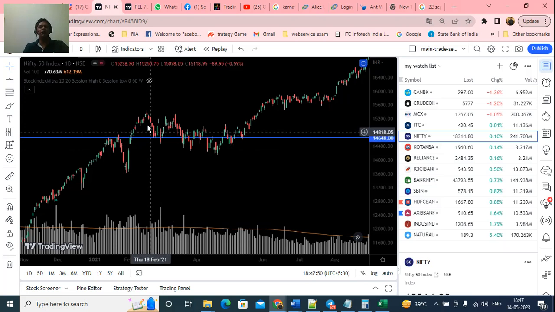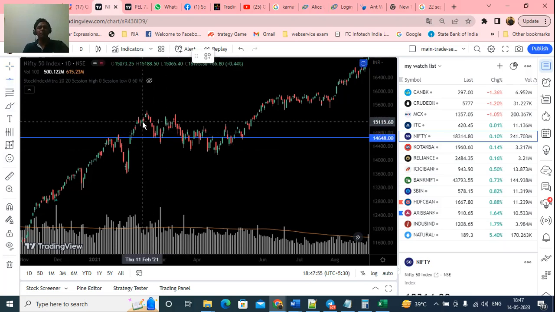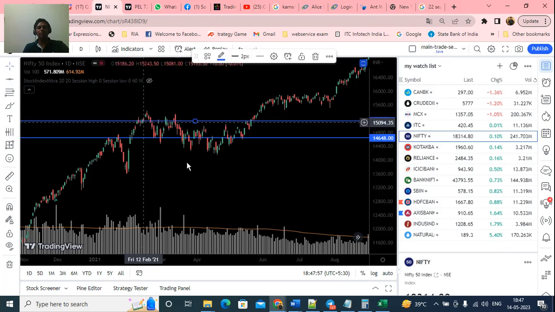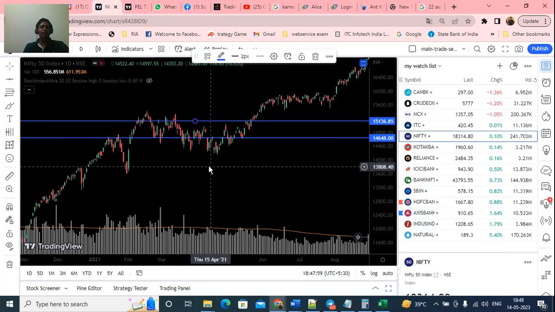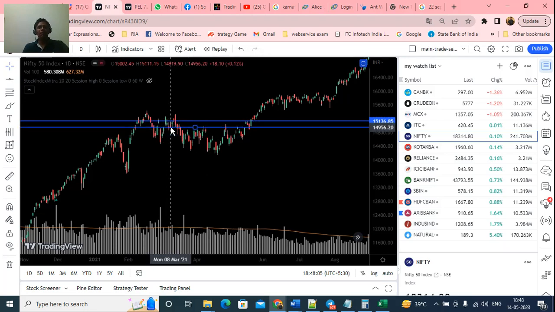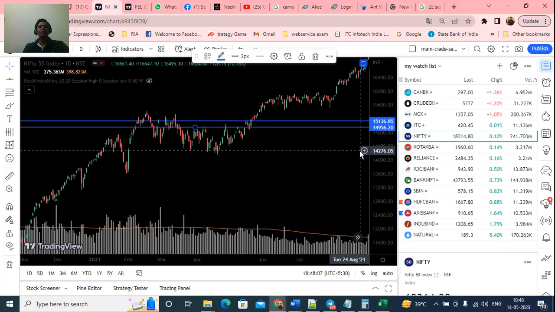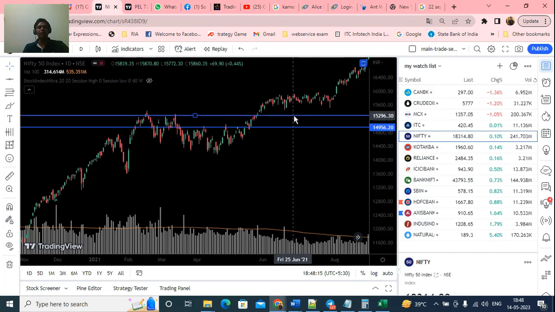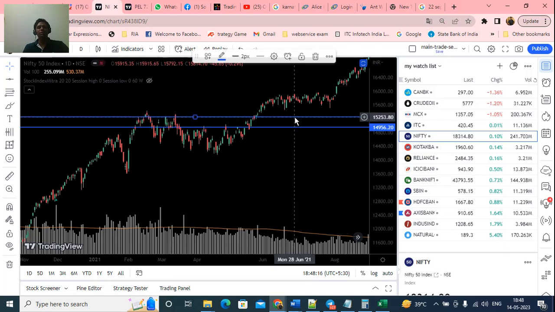So we will get this line, this is high and this is low. So we will take 19 Feb or 18 Feb. You can count it as plus minus one day.